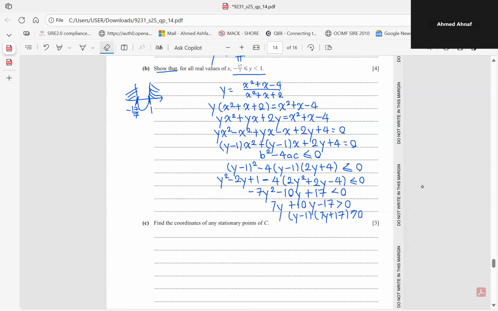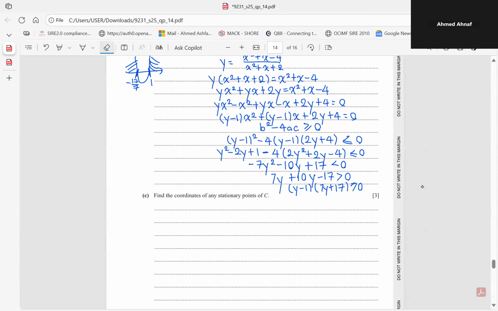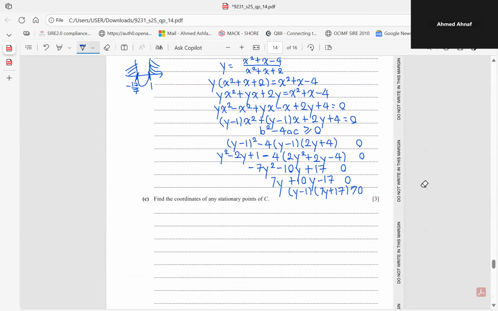Oh, sorry. This is supposed to be less than or equal to 0, because if you equate it to more than or equal to 0, you'll find the values of y for which x doesn't have any real values.